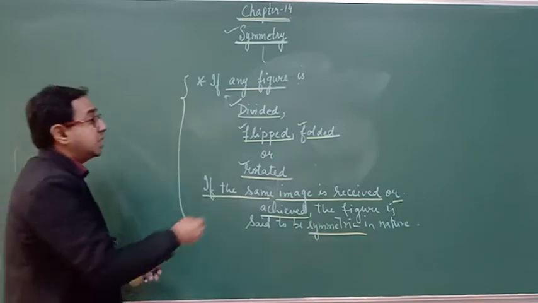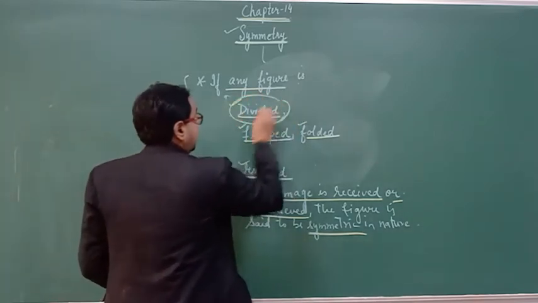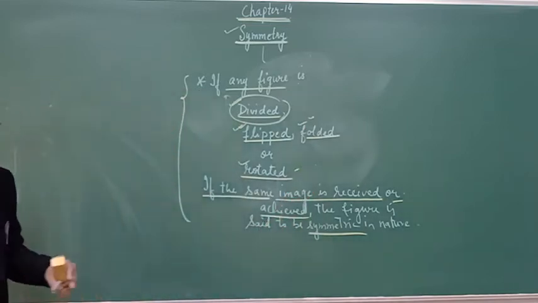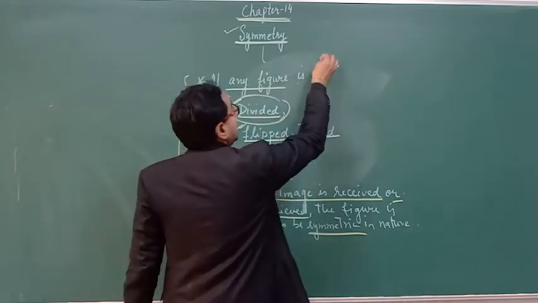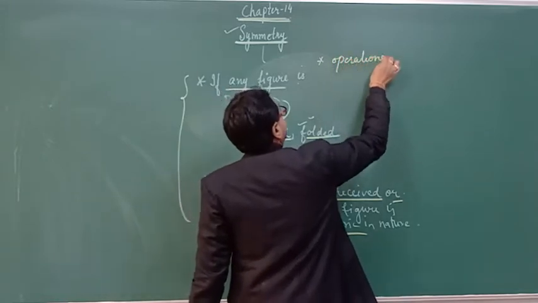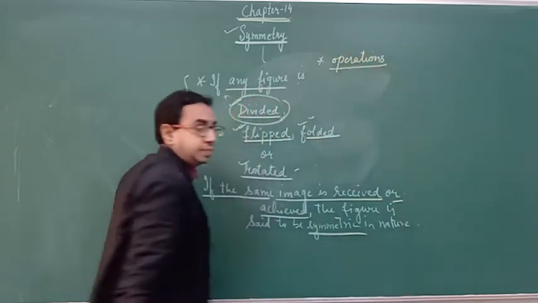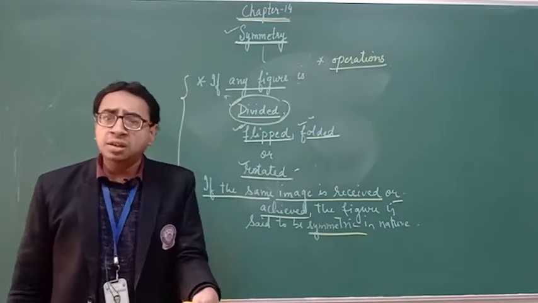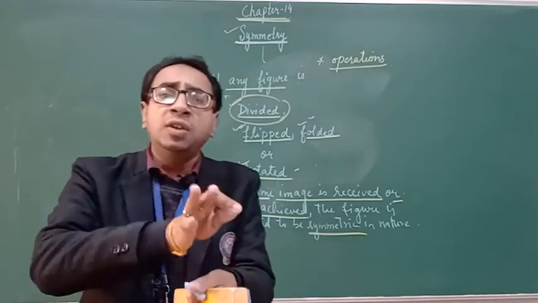Now, these things, divided, flipped, folded, rotated, what are these? These are the operations which we can do on a figure. What can we do with the figure? Either we can cut, or we can fold, or we can flip, or we can rotate.